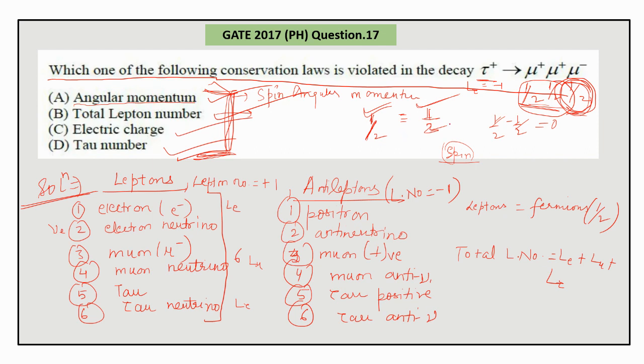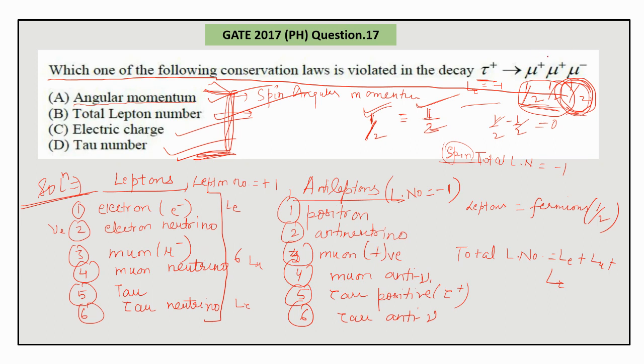And for B, total lepton number. There is lepton number for electron, for muon, and for tau, so total lepton number is the addition of these three. Here tau positive has lepton number minus one. On the left hand side, total lepton number is minus one.